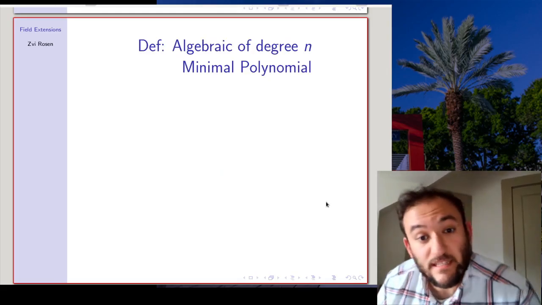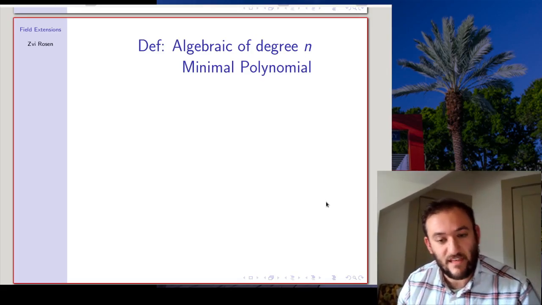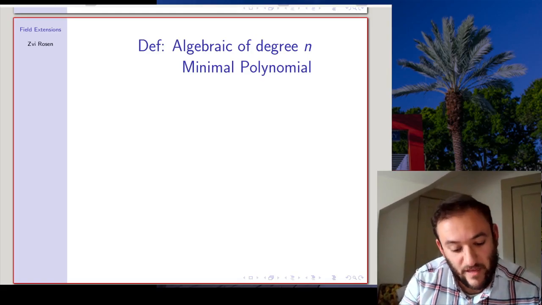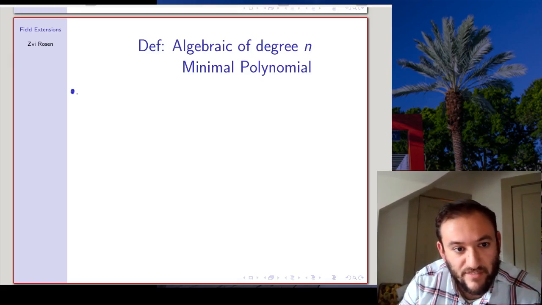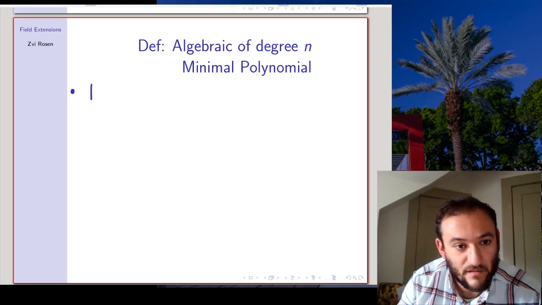So let's go into some more detail about the polynomial relationships that these elements of a field extension satisfy. So our first definition is algebraic of degree n. Let a be an element of a field extension.